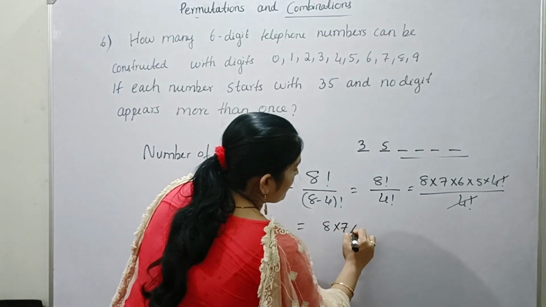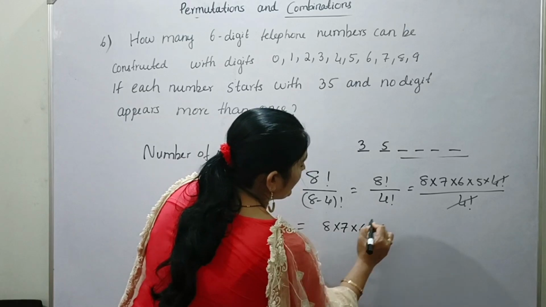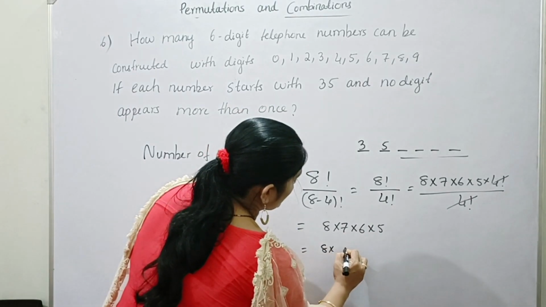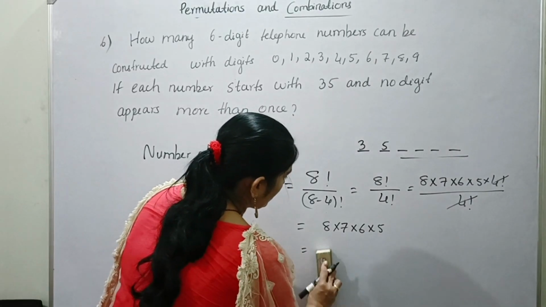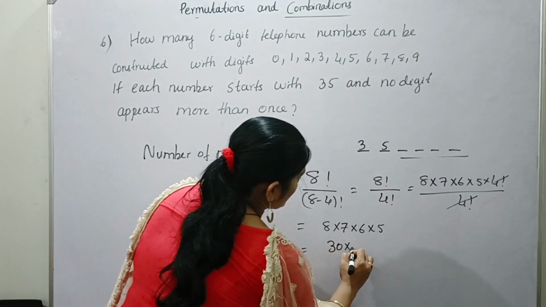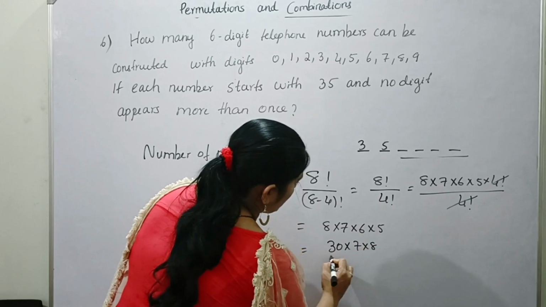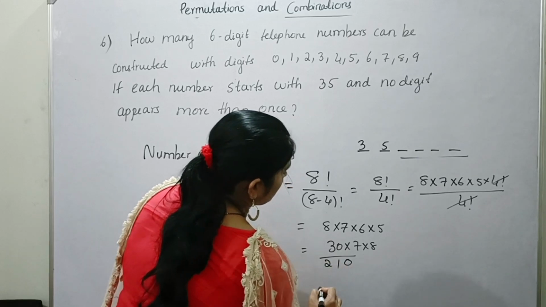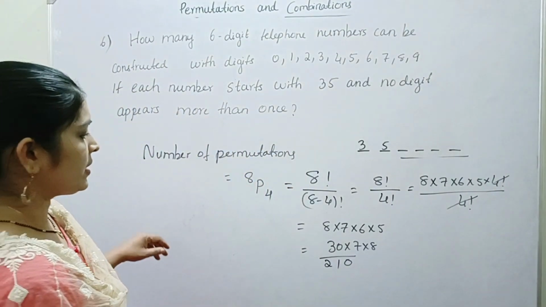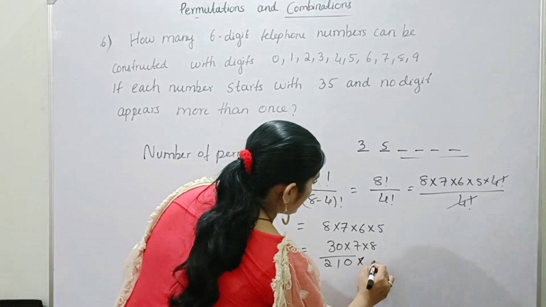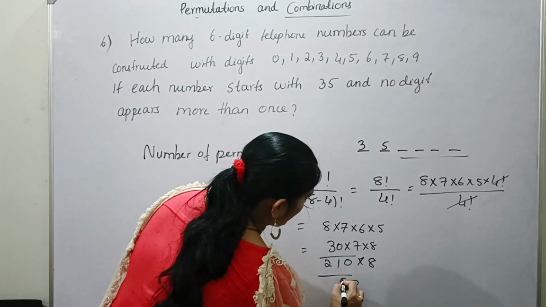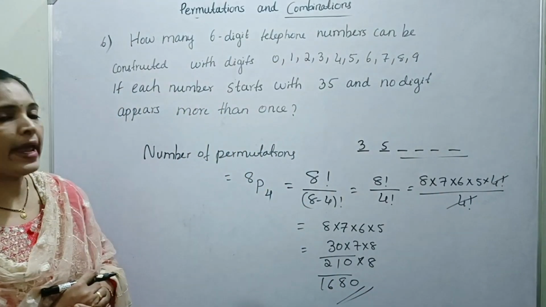So 8 into 7 into 6 into 5, 6 into 5 is 30. So 30 into 7 into 8: 7 3s are 21, next into 8, that is 1680.